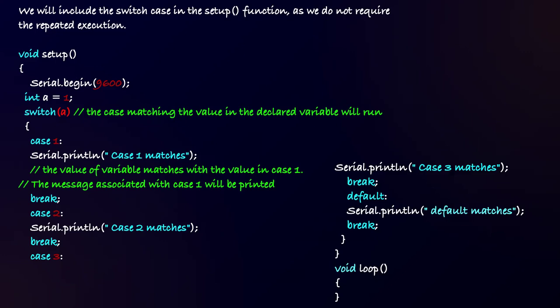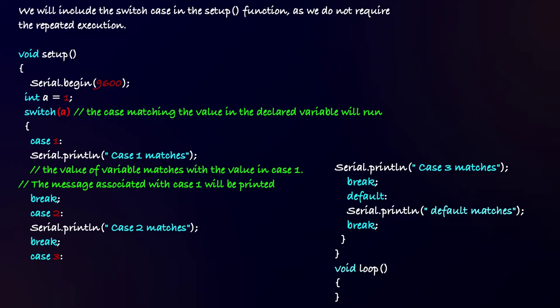Switch a. The case matching the value in the declared variable will run. Inside switch, case 1, Serial.println, case 1 matches. What is the condition? If case 1 matches, then break. Go to case 2, Serial.println.